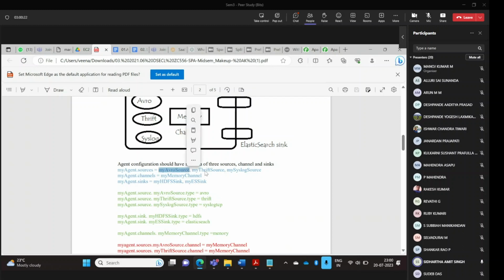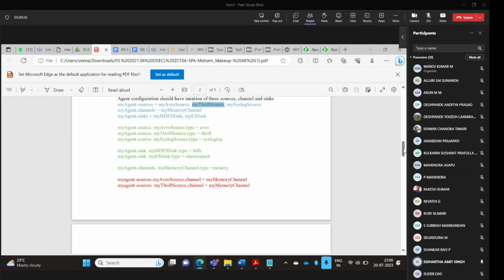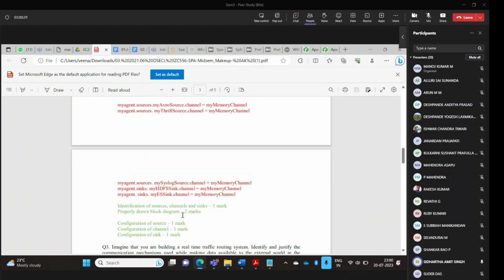I don't think they're expecting that. Possibly one question will be there to draw the diagram, 2 marks. Identifying source and channel, 1 mark. Then we have 3 marks for the configuration. Did they ask for the configuration in the question?